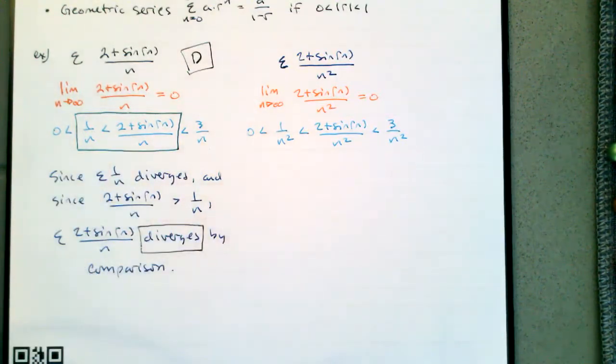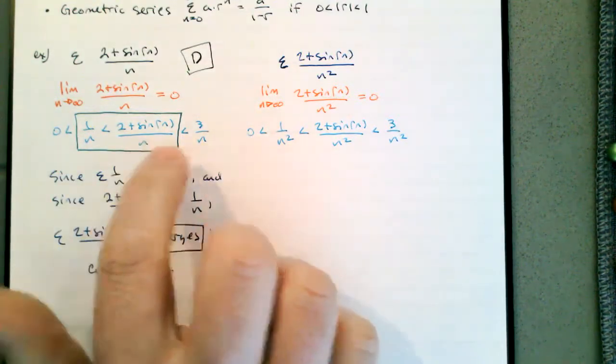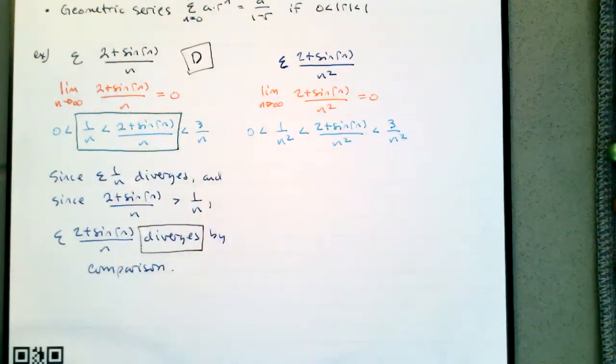One thing to note about this inequality is that the fact that the terms of the given series are less than 3 over n is not useful at all, because the series 3 over n also diverges. It doesn't help to try to squeeze something underneath a divergent series, because we're just saying that it'll be less than infinity, and that doesn't help at all.